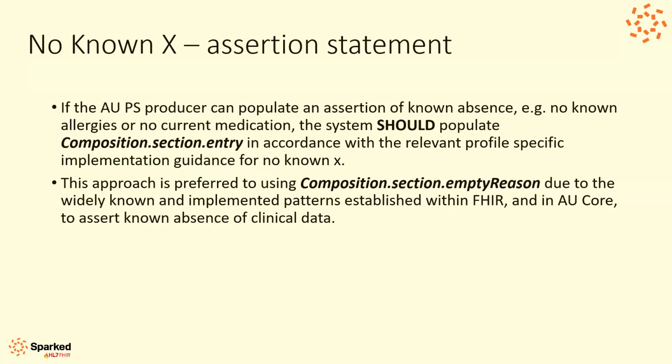It's that they have the information, whether it's supplied by the patient or a related person or a clinician, that there is no known X. So no history of procedures, no known allergies, no current medication, no current problems. And that's typically where this goes into in terms of that clinical data.